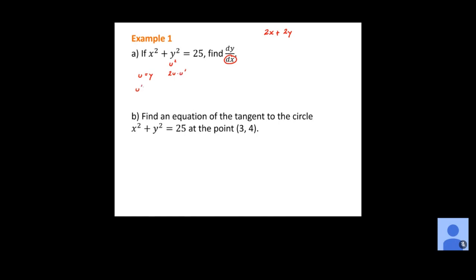Well, the derivative of u, if I'm taking the derivative of y with respect to x, is going to be dy/dx. So not only do we need a 2y here, we also need the dy/dx. That's why this becomes 2y dy/dx.